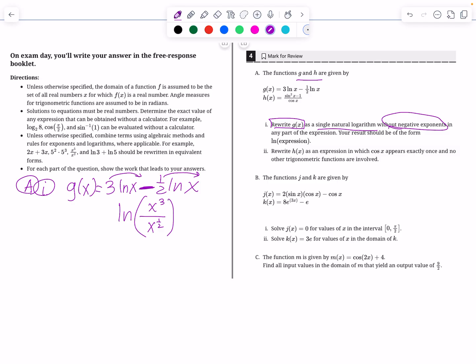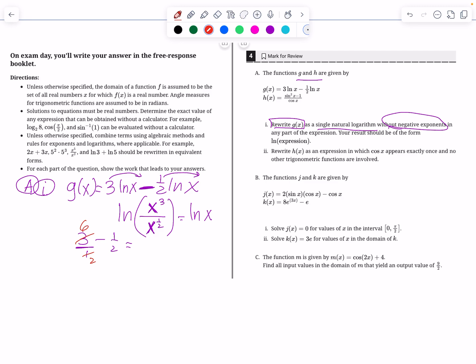Now that is good, but we still have to simplify. Whenever you divide terms with the same base, you keep the base and you subtract the exponents. So 3 minus a half. Remember, there's an invisible 1 on the bottom. Whenever you're adding or subtracting fractions, you need the same denominator. So if I multiply 2 on the bottom, I multiply 2 to the top.